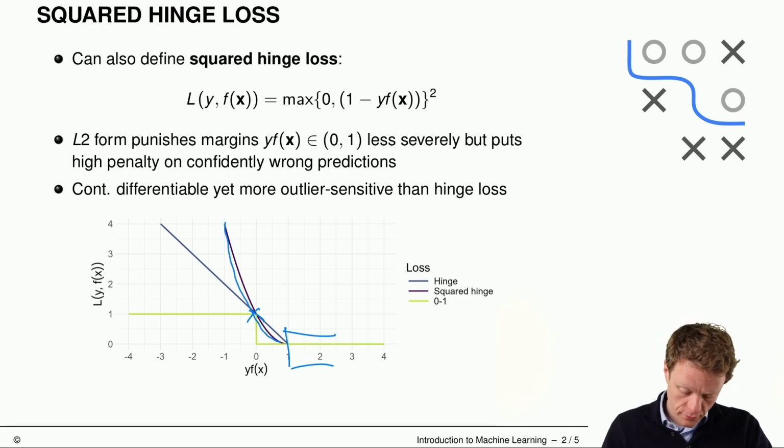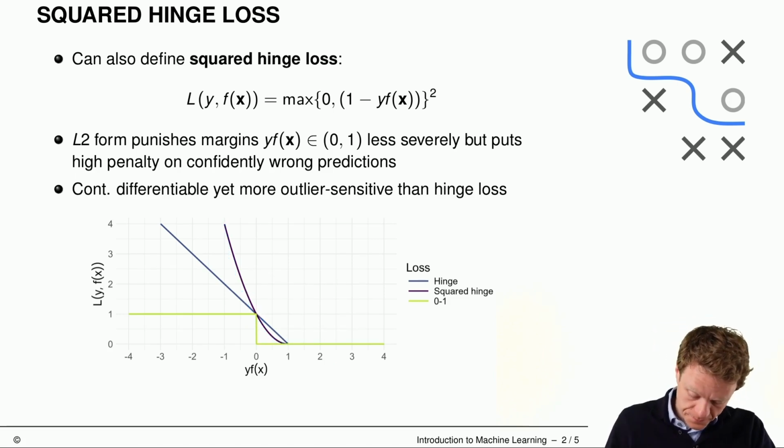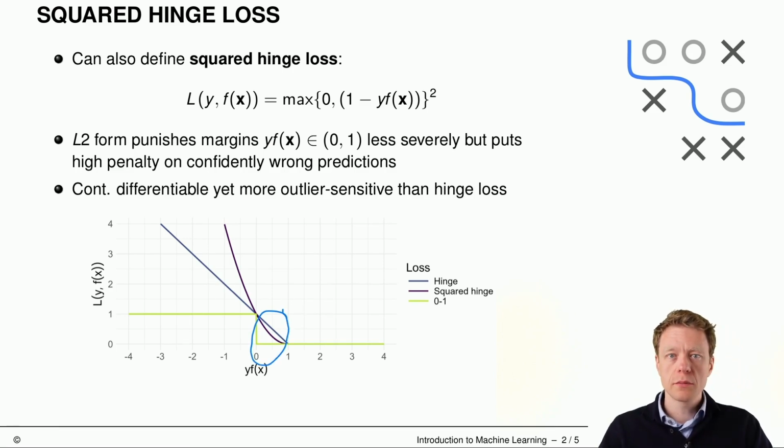So we have a parabola part here, which means that in this area here, where we are classifying correctly, but with low confidence, the squared Hinge loss penalizes a little bit less. So we are punishing not confident, but correct predictions less than with the Hinge loss without the squaring.